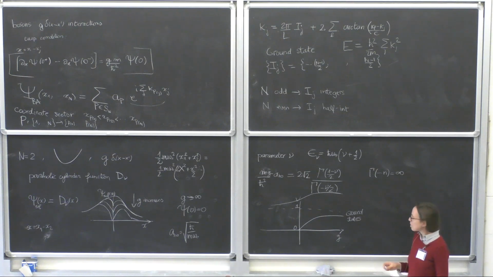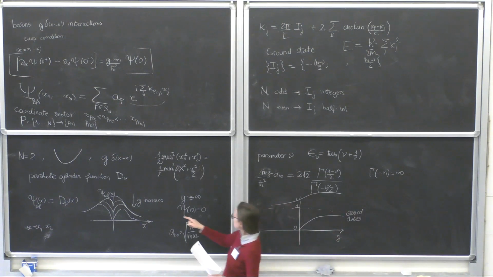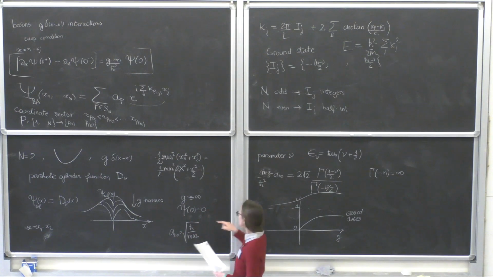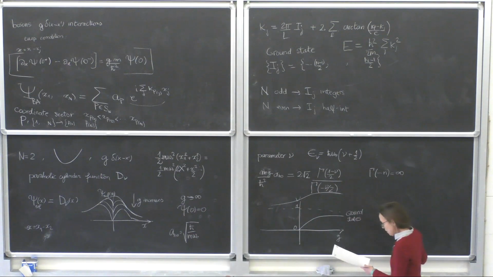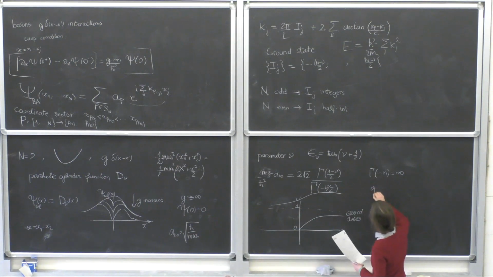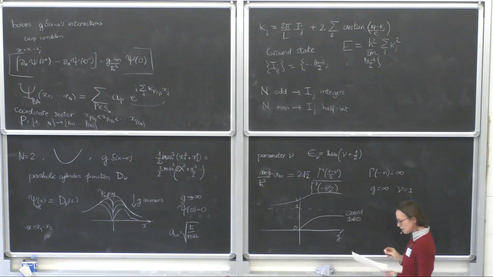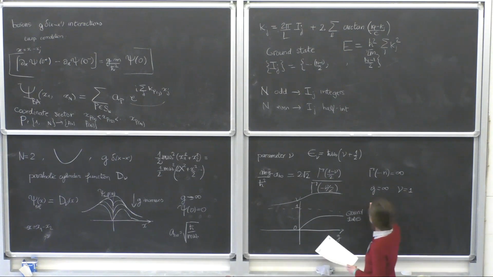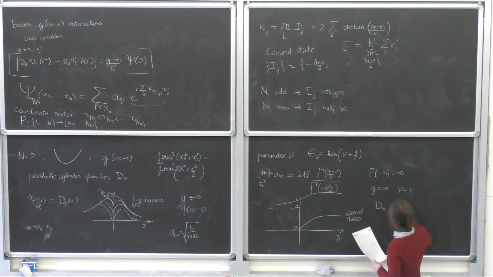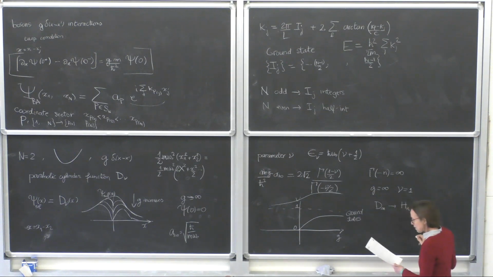And let me also mention that when we go to infinite interaction, so for G equal infinity, nu is 1. In this case, the parabolic cylinder functions tend to Hermite polynomials times a Gaussian.